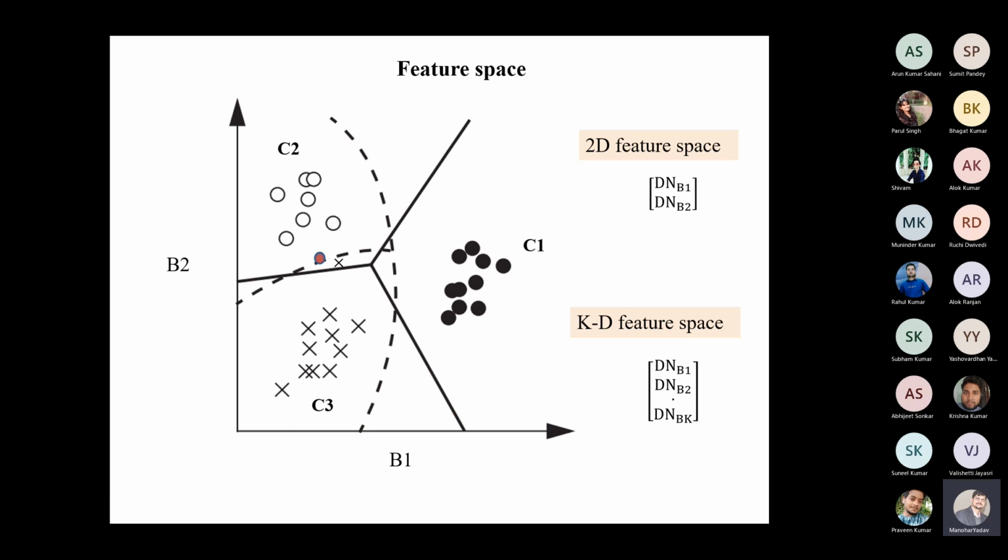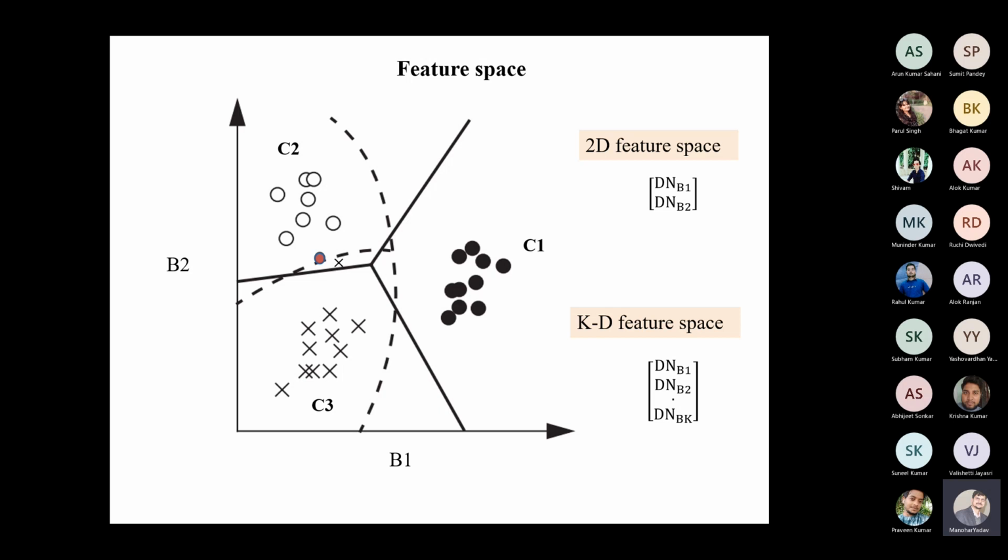For better explanation, only 2 bands are taken here, bands B1 and B2, in a 2-dimensional Euclidean space, where training samples are collected. Collection of training samples means we collect a digital number in the respective bands. Here we have 2 bands, B1 and B2. So in these 2 bands, training samples are collected.